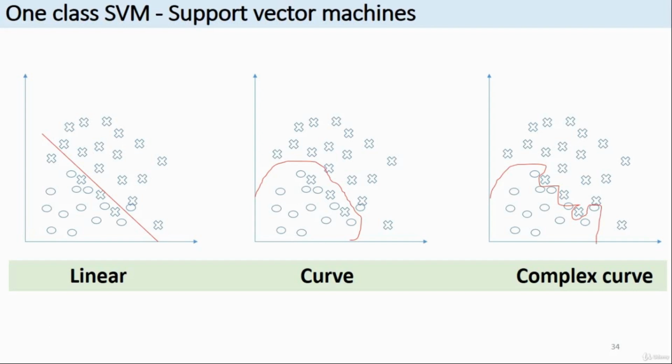I have seen that XGBoost really worked at 97%, and I have used that in a project. But if it goes to 98, 99 and so on, then you should start using one class SVM, because the maximum data you are getting is from only one class. So that is what one class SVM is all about.